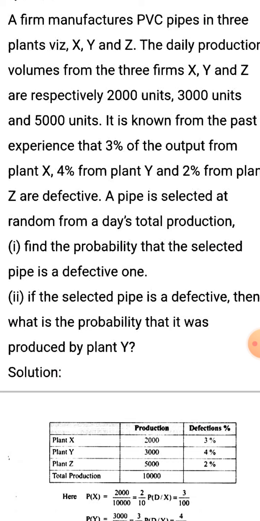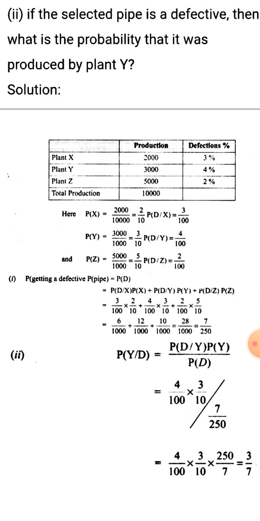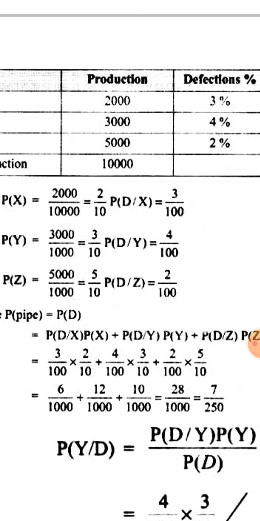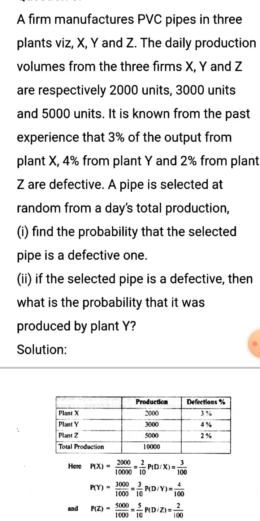Why should I write all the values, P of X, P of Y, P of Z? Because look at this line: a pipe is selected at random. That means if you have to choose among the three, you can choose any of them. Either you can choose X, either you can choose Y, either you can choose Z. That's why I write three values.